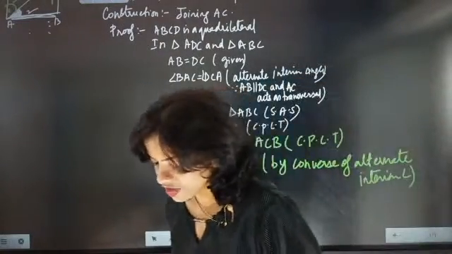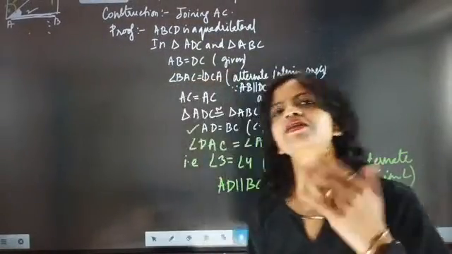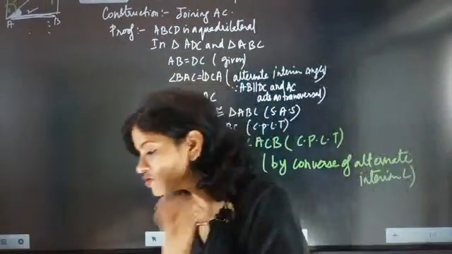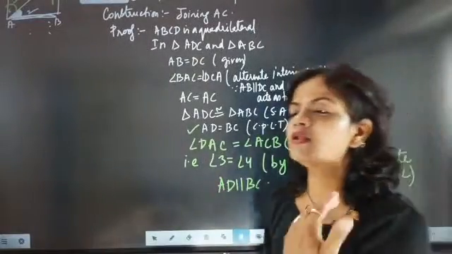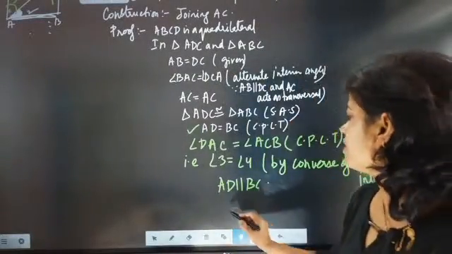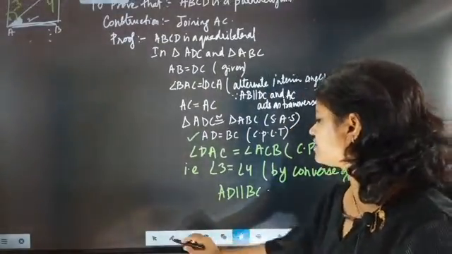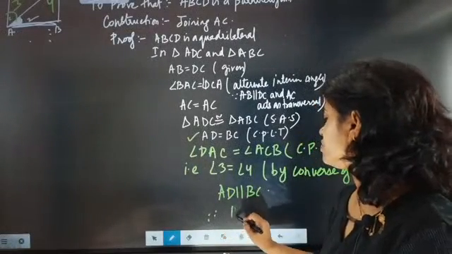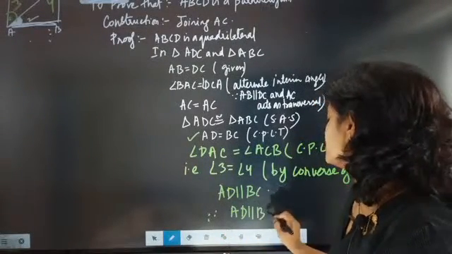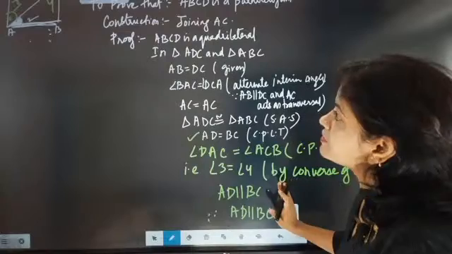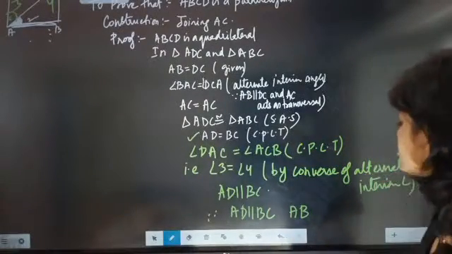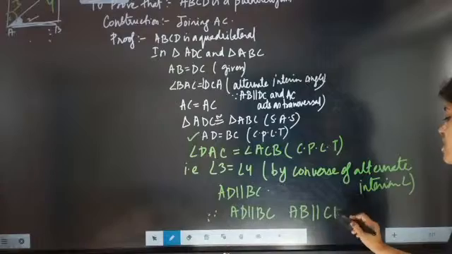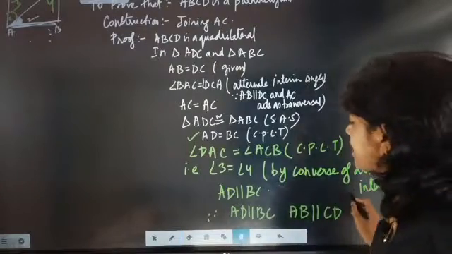Because the converse part is there, we can use the converse section. So by converse of alternate interior angle, we can directly say that therefore AD will be parallel to BC, and AB will be parallel to CD. Therefore ABCD is a parallelogram.